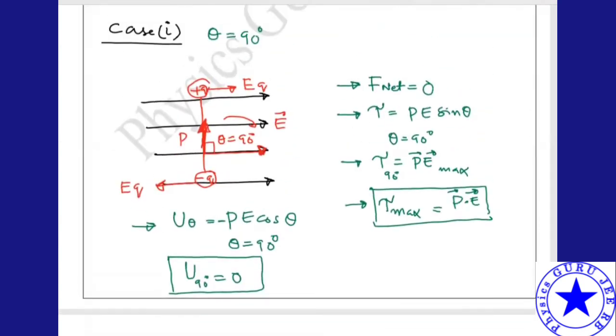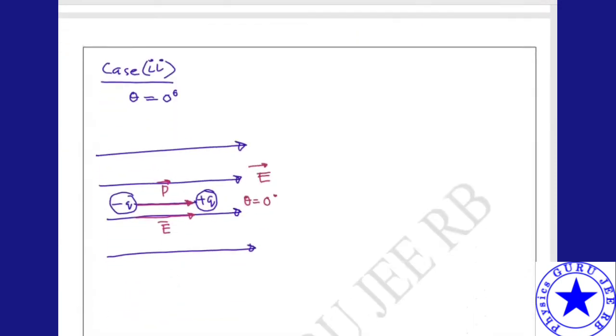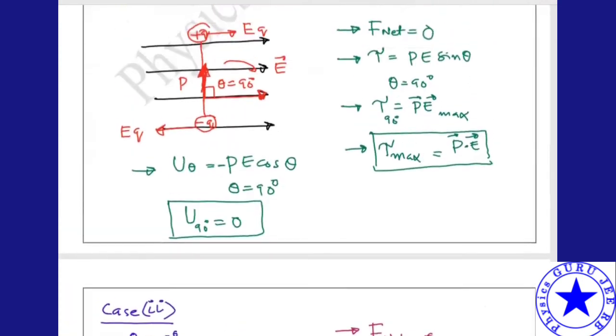Net force, obviously, is 0. How is it 0? One force is towards the direction of the electric field and the other is away, so this is F and this is F, and obviously the net force becomes 0. Now, net torque. Can anybody tell what happens to net torque?